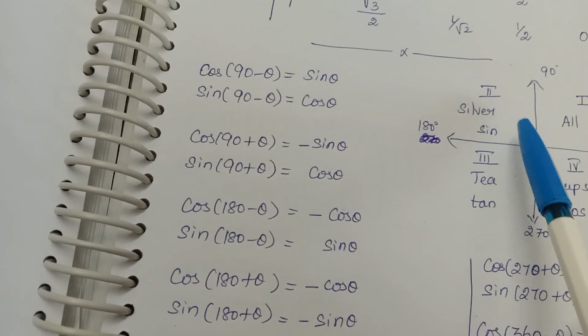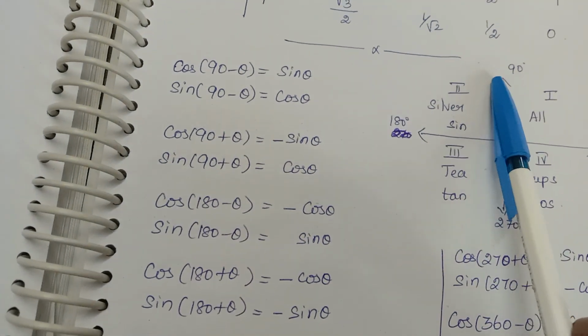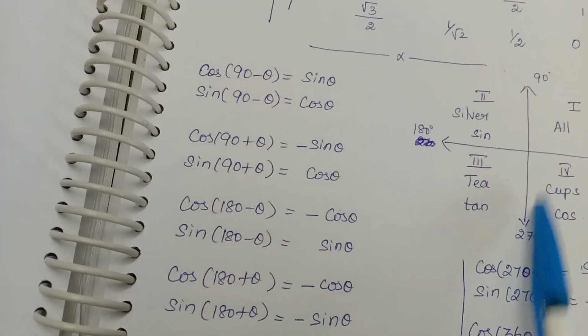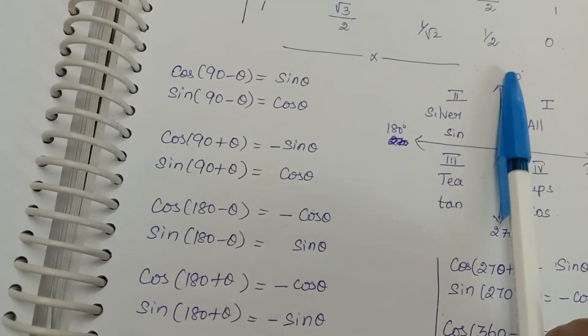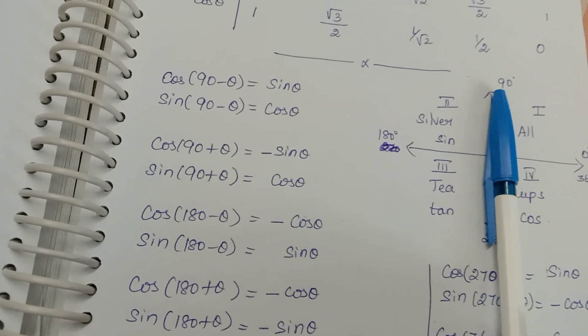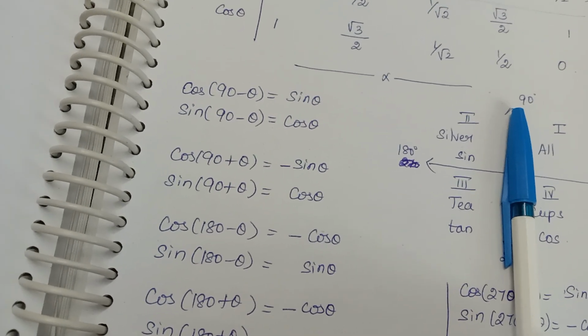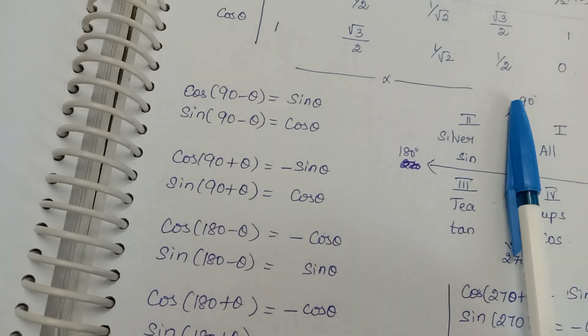See, this is 90 degrees, and this is 270. When you take either 90 plus or minus or 270 plus or minus, cos will change to sine and sine will change to cos. Both functions interchange their values with respect to this axis.